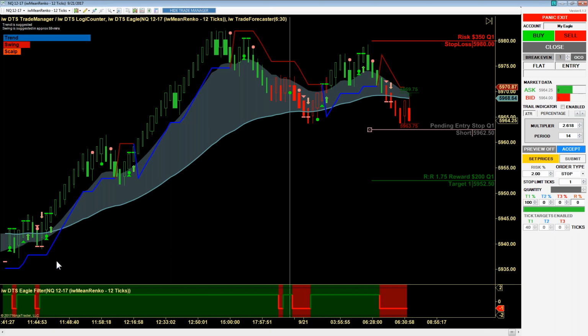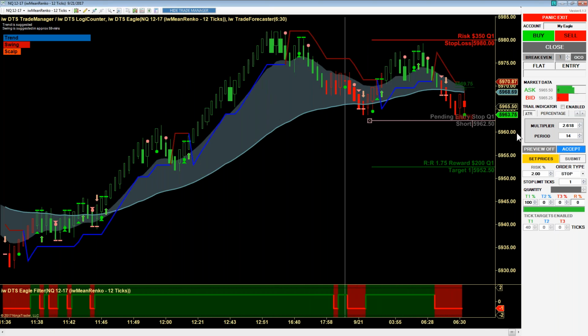But if this market's going to get anywhere near yesterday's lows, which were around the 59.30 area, then there could be a major sell-off here this morning.